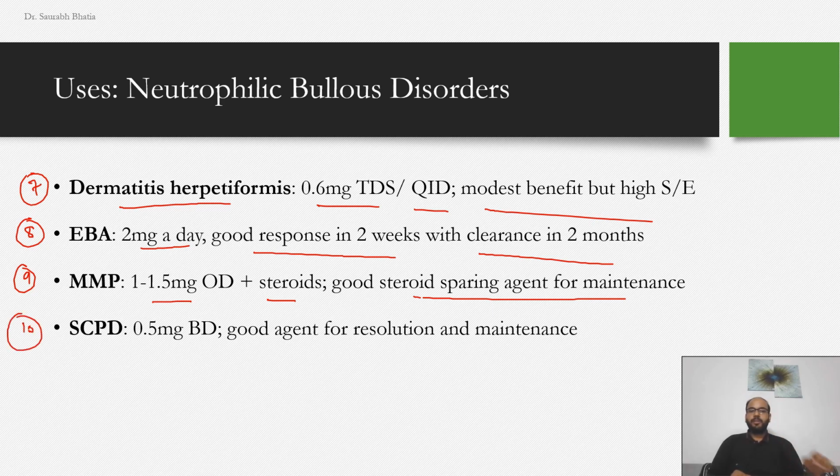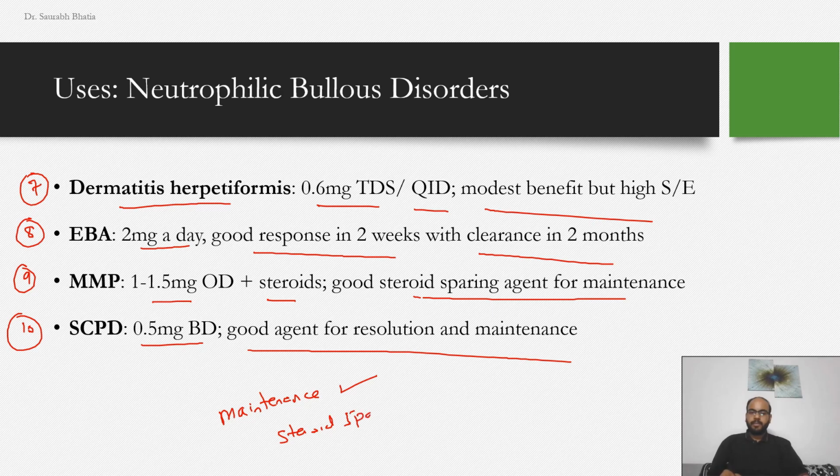Tenth is subcorneal pustular dermatosis. Again, neutrophilic disorders. 0.5 milligram twice a day. Good agent for resolution and maintenance. So what we have learned from this discussion is that colchicine is a good maintenance agent, a steroid sparing agent, a steroid limiting agent.